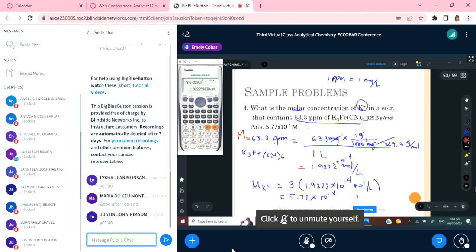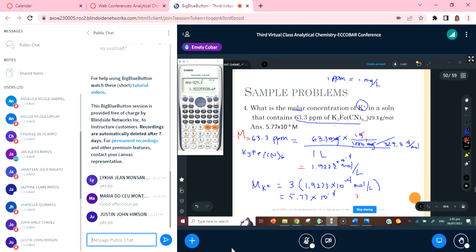Okay? So, tignan nyo lang, ha? Potassium ferrocyanide, ito ang formula. Sabihin natin 1 mole per liter, 1 mole. If I have 1 mole of potassium ferrocyanide, how many potassiums are there in one formula of this? Diba? 3. So therefore, kung ano yung concentration ni potassium ferrocyanide, I will multiply that by 3 because the ratio of potassium with potassium ferrocyanide is 1 is to 3.